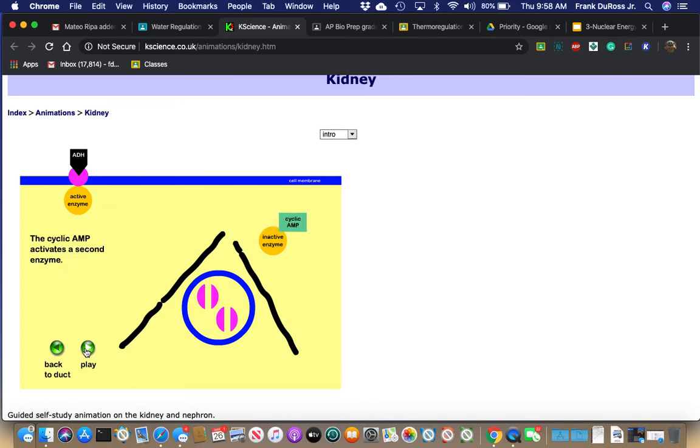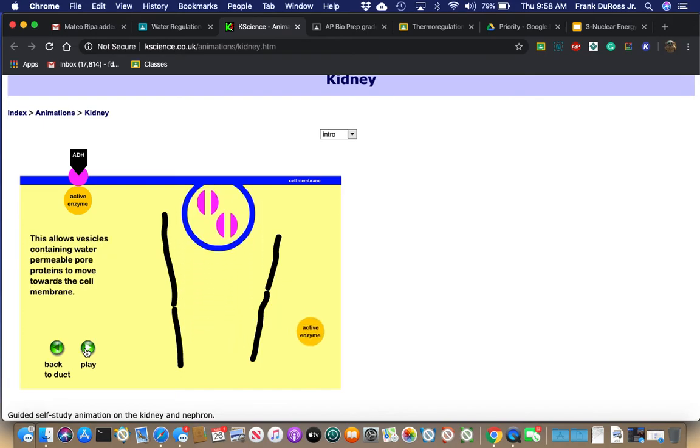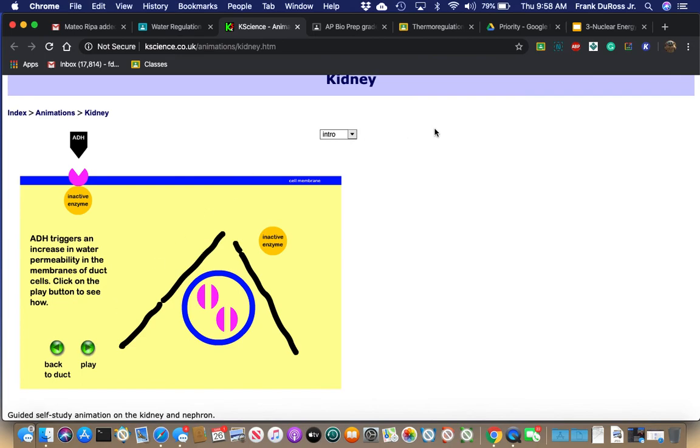There are other molecules involved here, but when you look at the overall motion, you have this hormone which affects a change inside of the cell, changing the shape, which creates these small pores, allowing water to then diffuse out so that water can be retained by the body. So that's what this animation is showing you. You have it in video form if you need to rewatch it to help you finish that section of our notes.